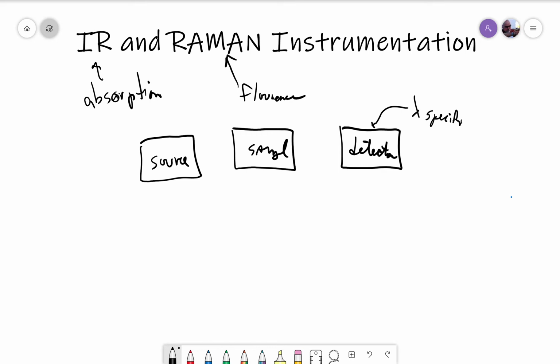We can both detect the number of photons and have some specificity about identifying the wavelength of the photon studied. We're really just going to be studying the purposes of the source, the optics for the sample, and the applications and limitations of these techniques.